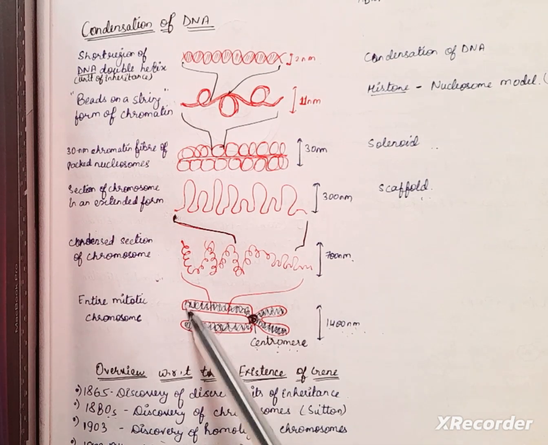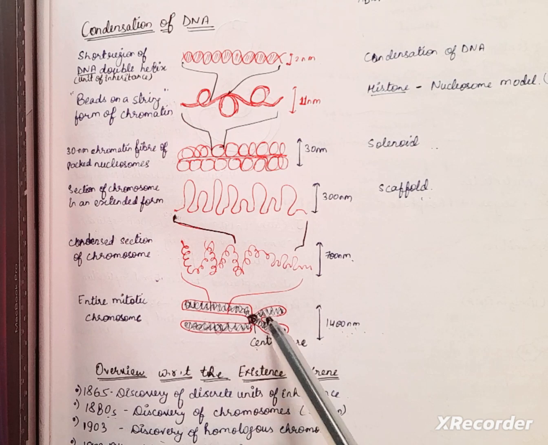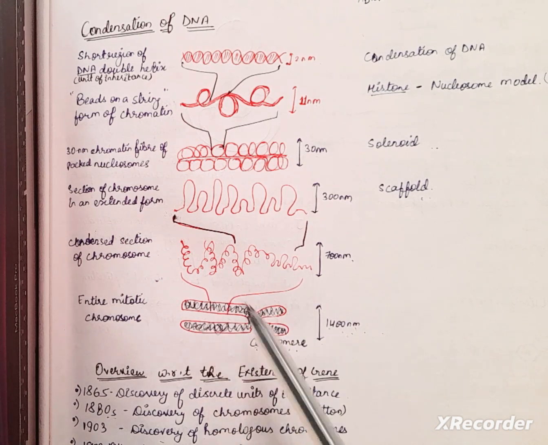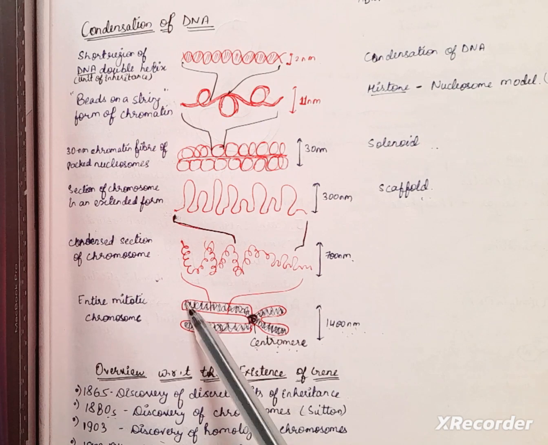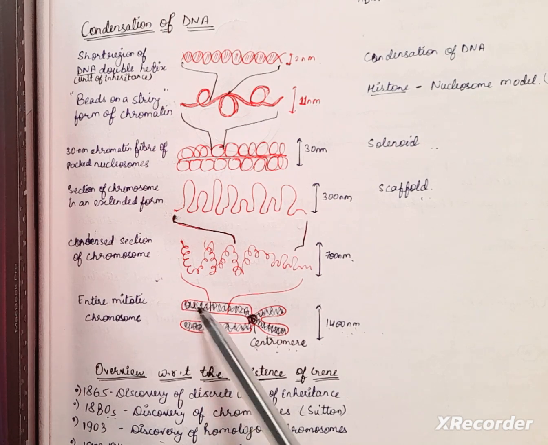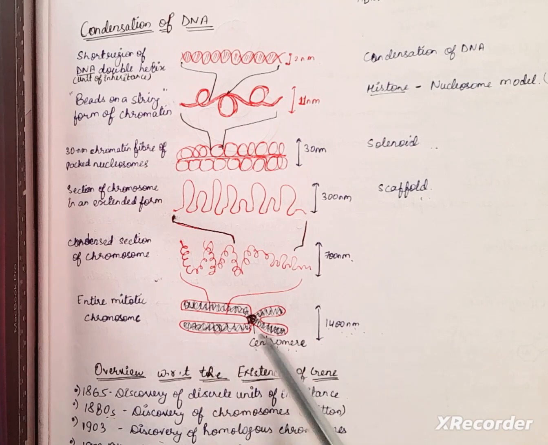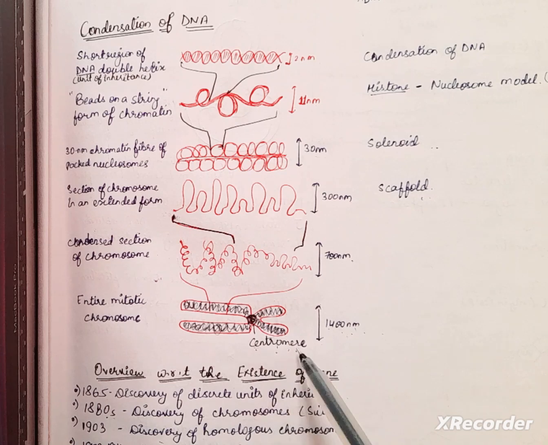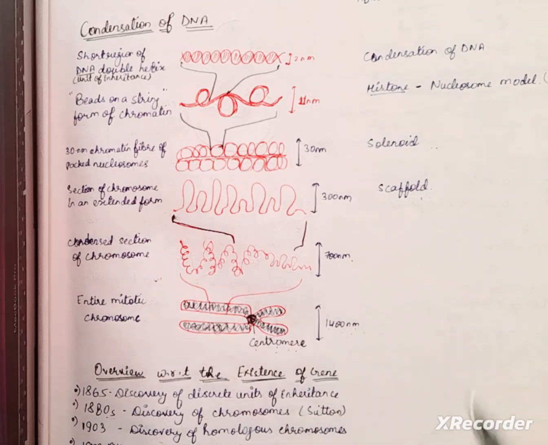You can see a zigzag pattern, or we can say the helical form. This is the DNA wrapped around and in condensed form it forms a chromosome-like structure, and in the center the centromere is present, which keeps both chromatids together.